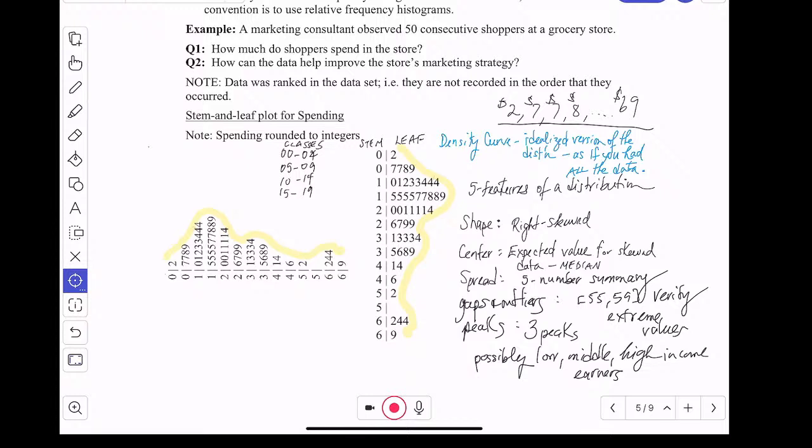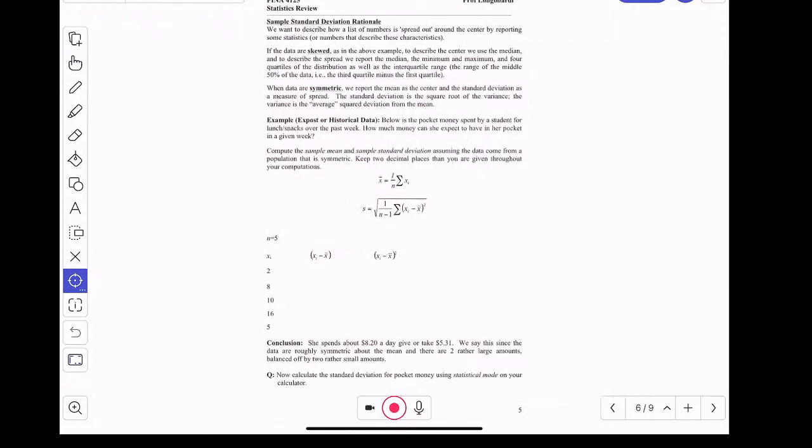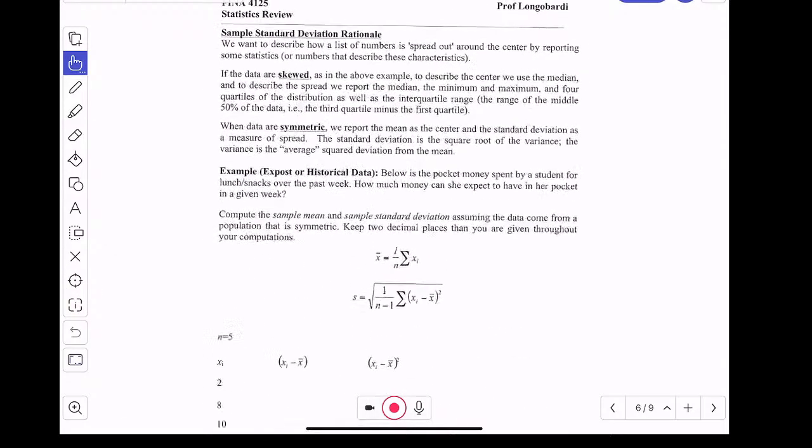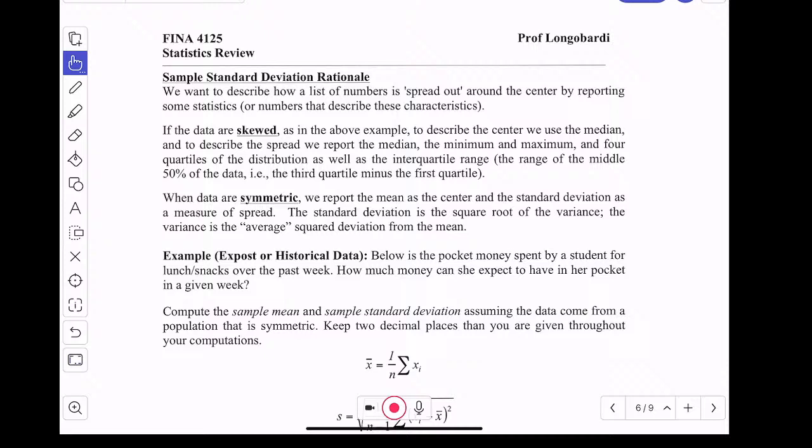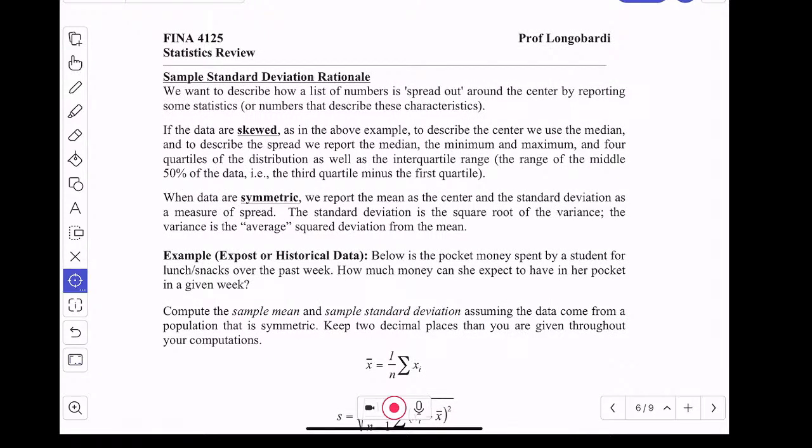All right, so what I'm going to do next is talk about a symmetric distribution, okay? Because we end up focusing on symmetric distributions, and when data are symmetric, we use the mean. And as a measure of spread, we use the standard deviation.